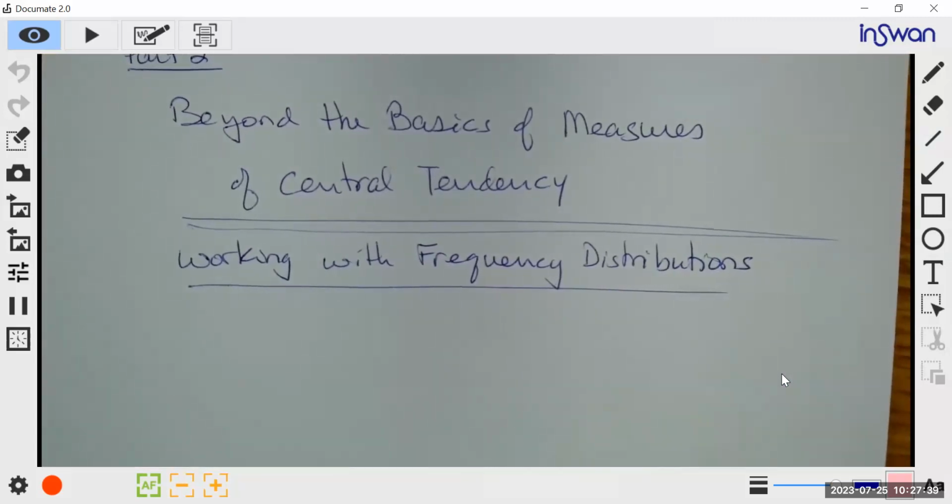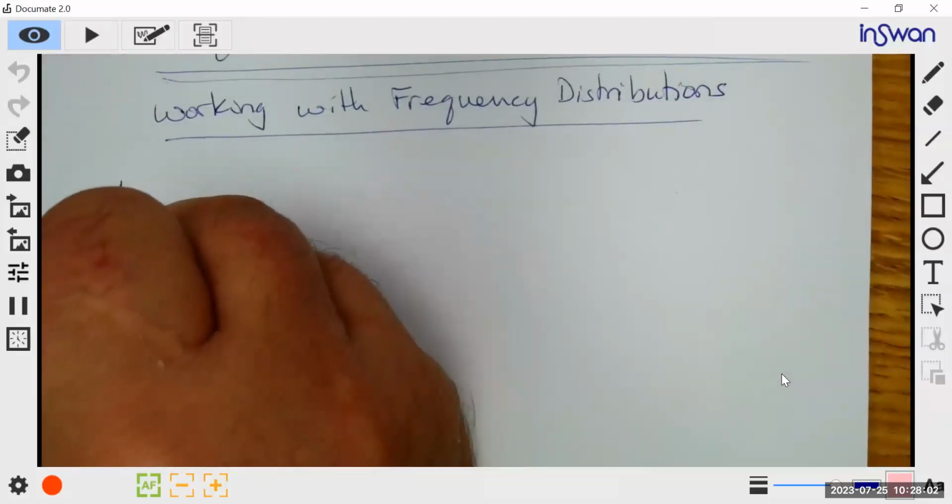What is a frequency distribution? There's measures of central tendency. What is a frequency distribution? Okay, I'll tell you what. Here, let's look at this. Here's an example.